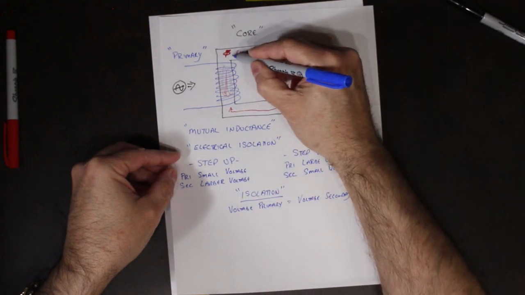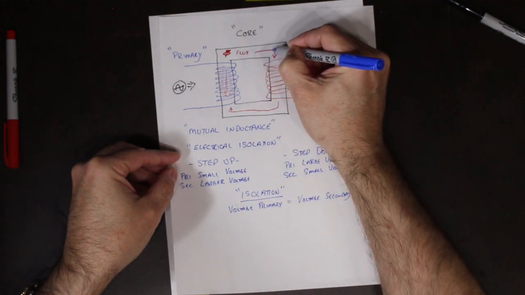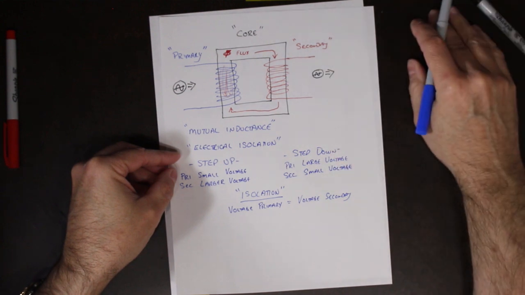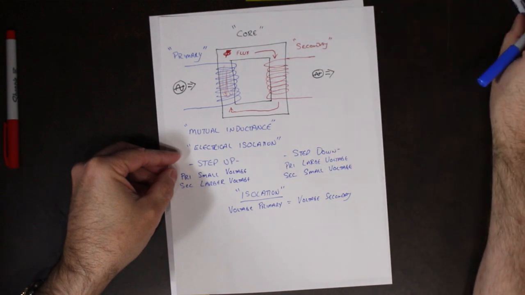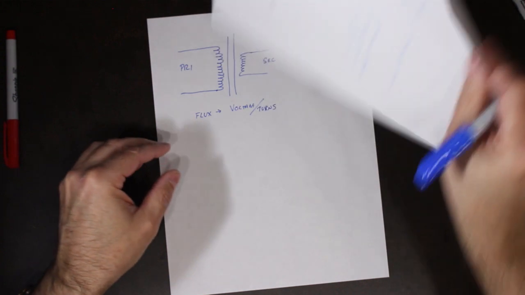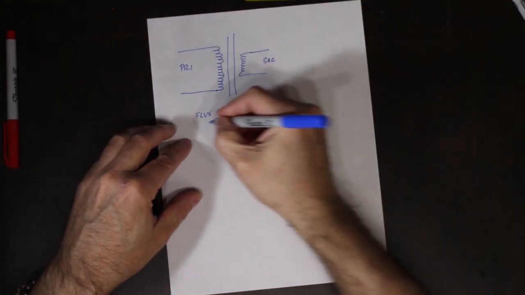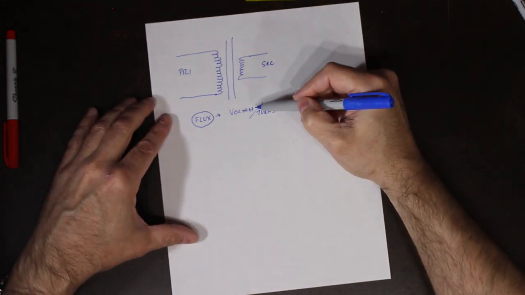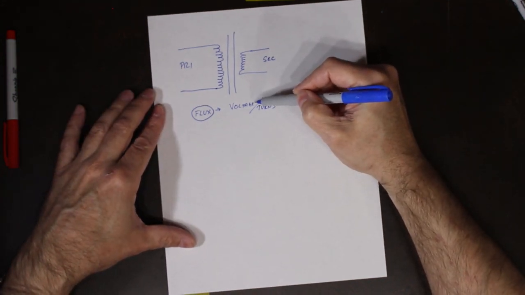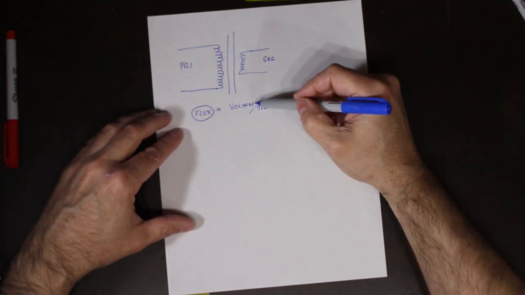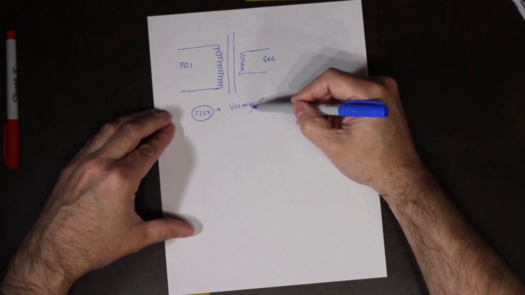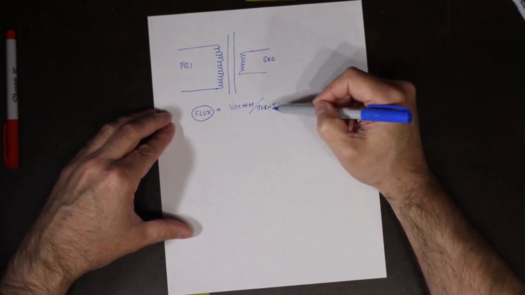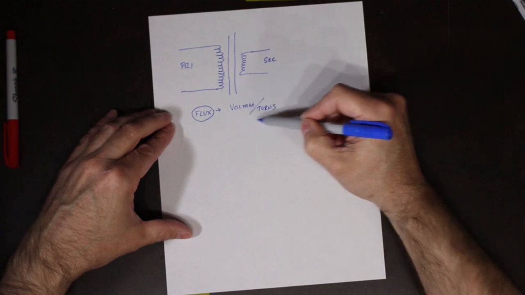Now that flux flows through this other coil. So that flux that was created at a certain strength, the strength of that flux is based on voltage and turns, what created it.